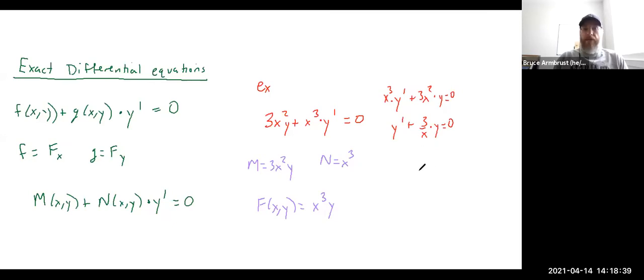We know exactly what we need to do to solve it. So this is how you're going to recognize it: you're just going to look for whatever's being multiplied to y prime. Think of that as your partial with respect to y. And the other one needs to be your partial with respect to x.